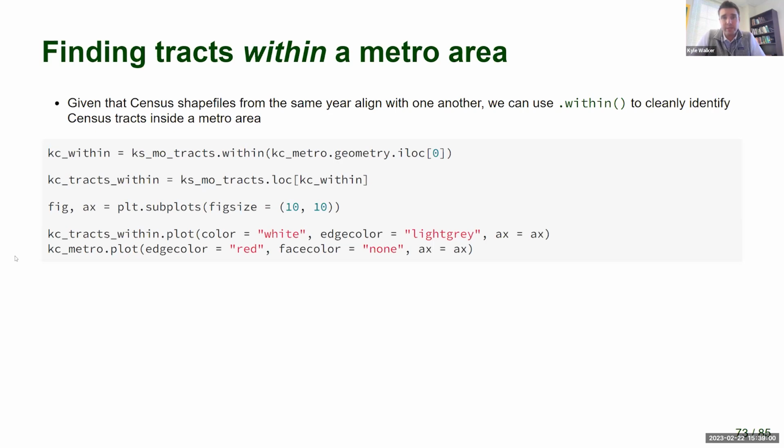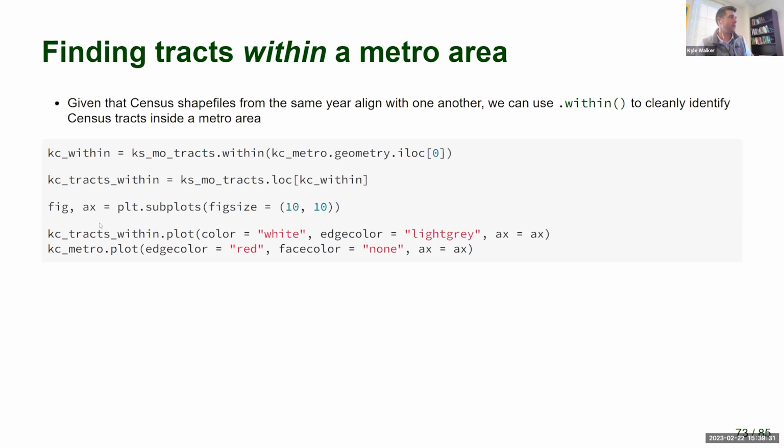A great thing about using pygris is if you make sure that you're using the same data sets, so either the CB files on CB files or Tiger files on Tiger files, and you're using the same years, this is essential. But if you're doing that, all of these data sets are generated from the same source, so they already align with each other, which means I can cleanly get census tracts that fall within the metro area by doing this overlay process.